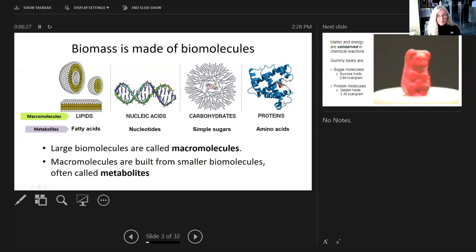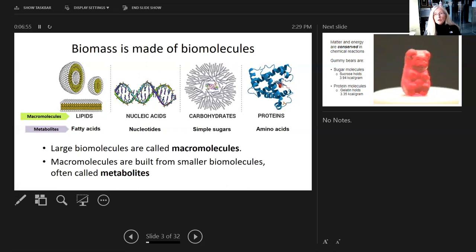For the lipids, for example, the metabolites are various types of fatty acids and other compounds, but we'll just stick with the fatty acids for now. The nucleic acids, the smaller metabolites, are the nucleotides, of which there are 4 types that come together to form these very large molecules called macromolecules. Carbohydrates are a broad class. Again, there are simple carbohydrates and complex carbohydrates.